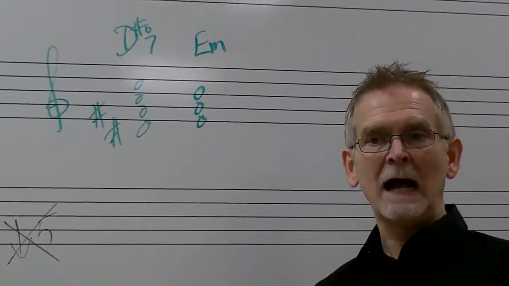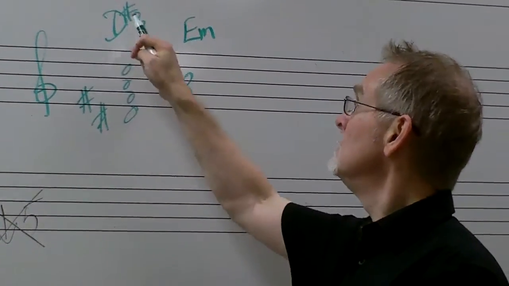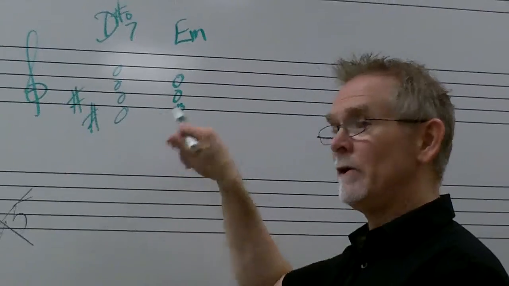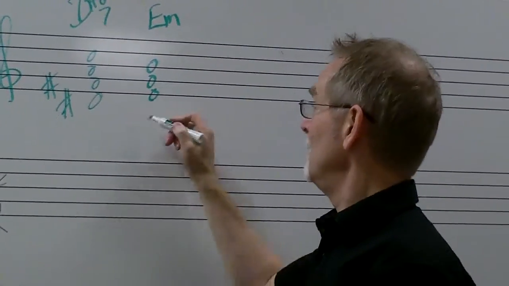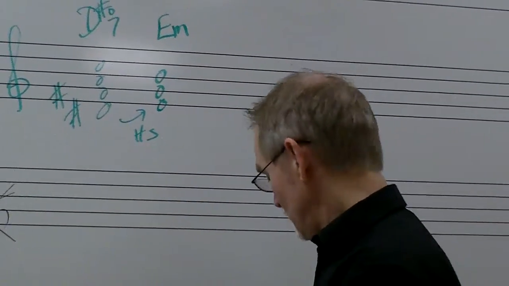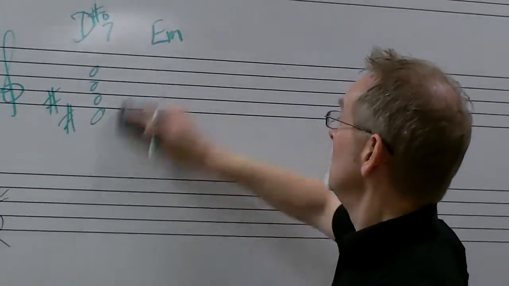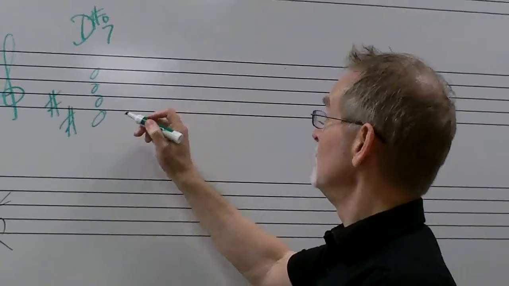No. Well-behaved diminished 7th chords don't have anything in common with what comes after them, and the root goes up a half step. Let's suppose that I had used this as enharmonic interpretation. Suppose I resolve to a G chord.